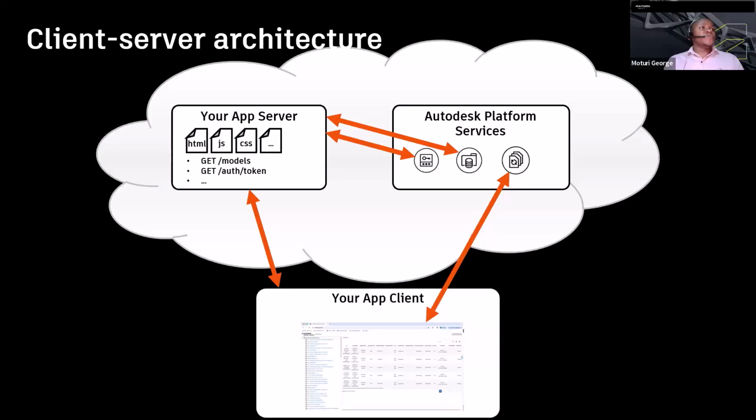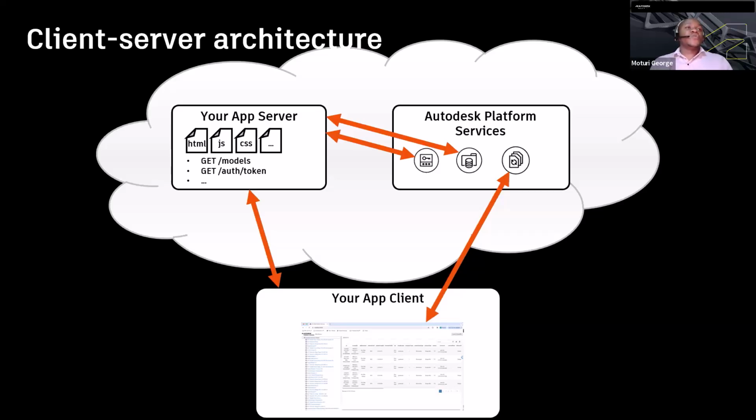So what our server is going to have is the models, controllers, and then the static files. That's the HTML, JS, and CSS. With our models and controllers, we'll request information from the Autodesk Platform Services in the cloud.